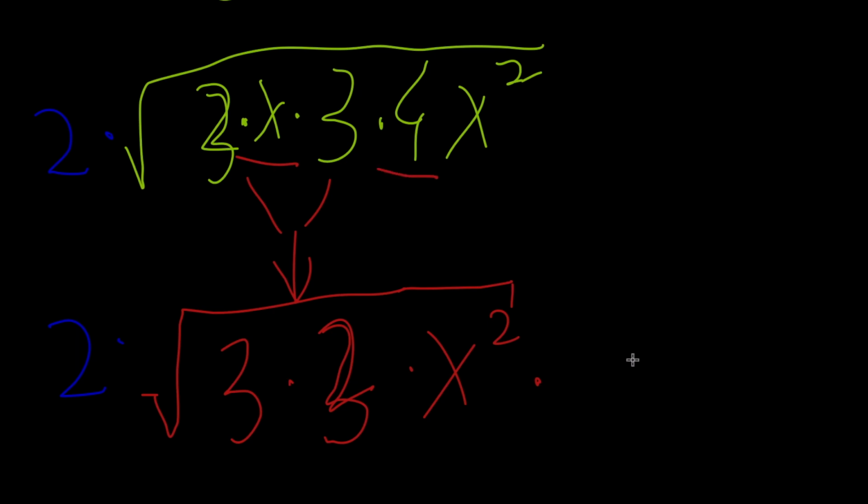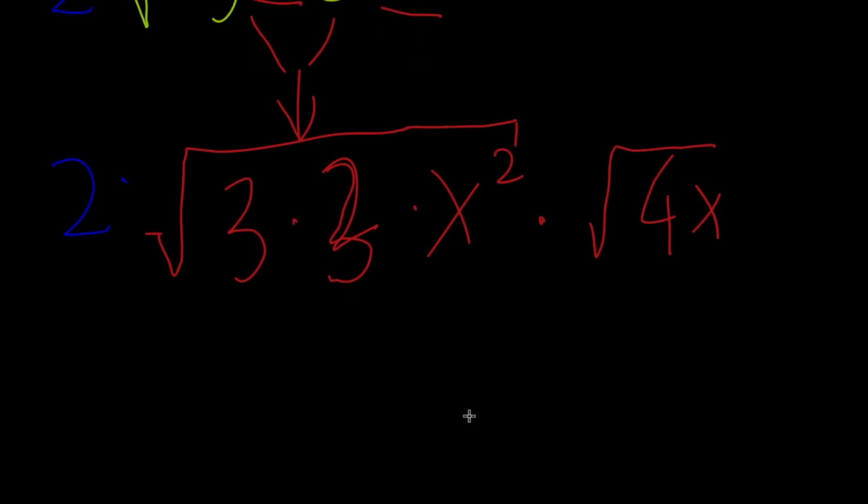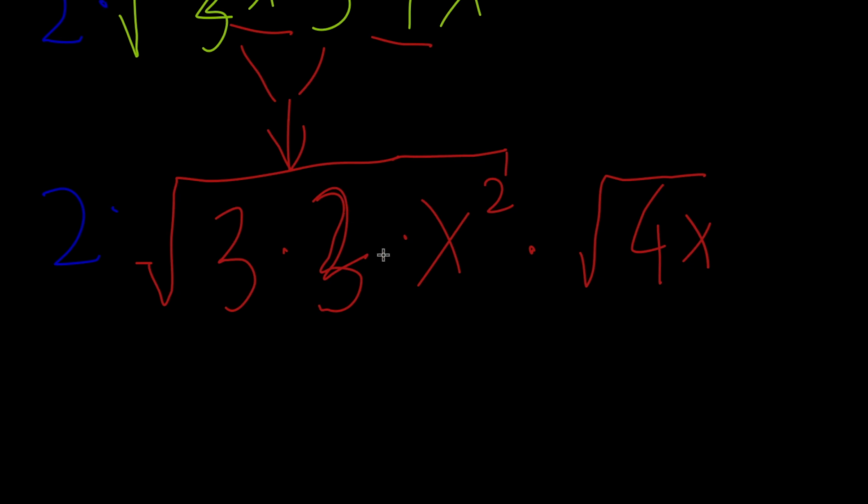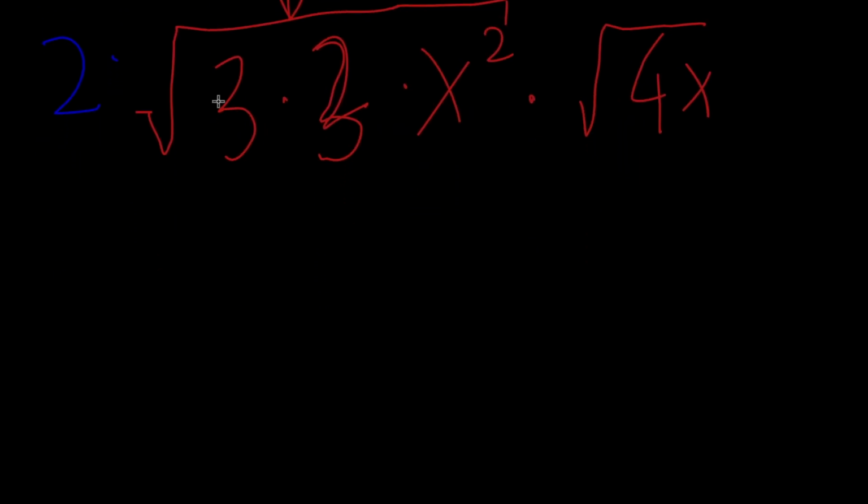So x times 4, or 4x, times the square root of 4x. Let me write it down again. It's getting hard switching colors now, so I'm not going to switch any colors.